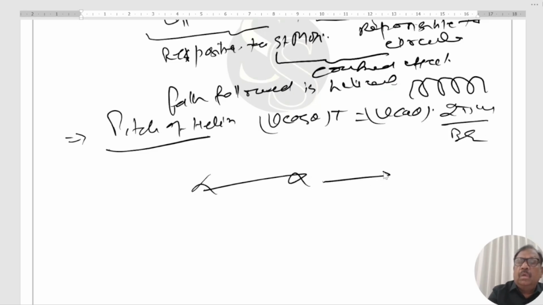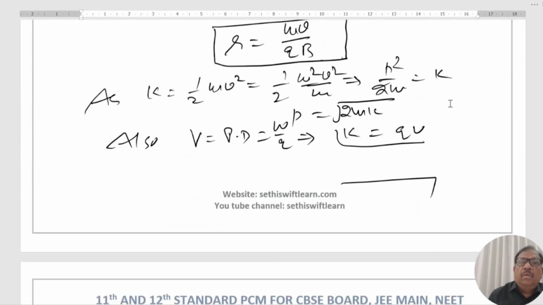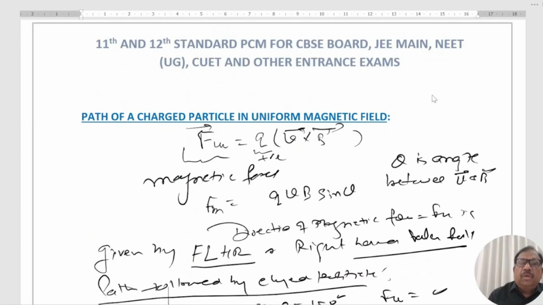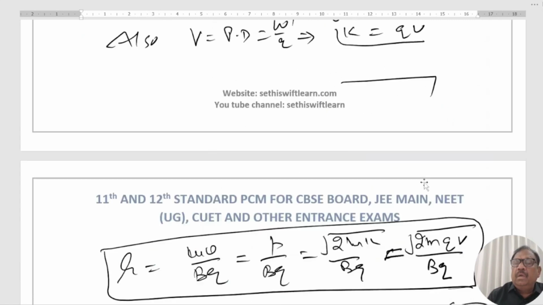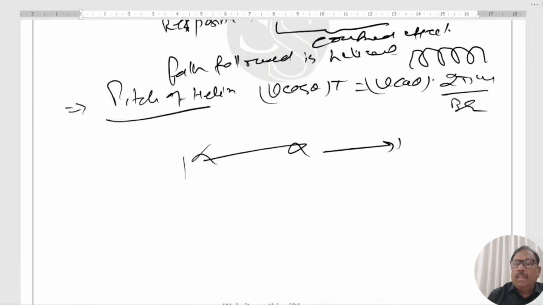This is all regarding the concepts applicable when a charged particle enters a uniform magnetic field and the path it follows. Path किस तरीके से travel करेगा, this I have explained here in detail. Right? Next question.